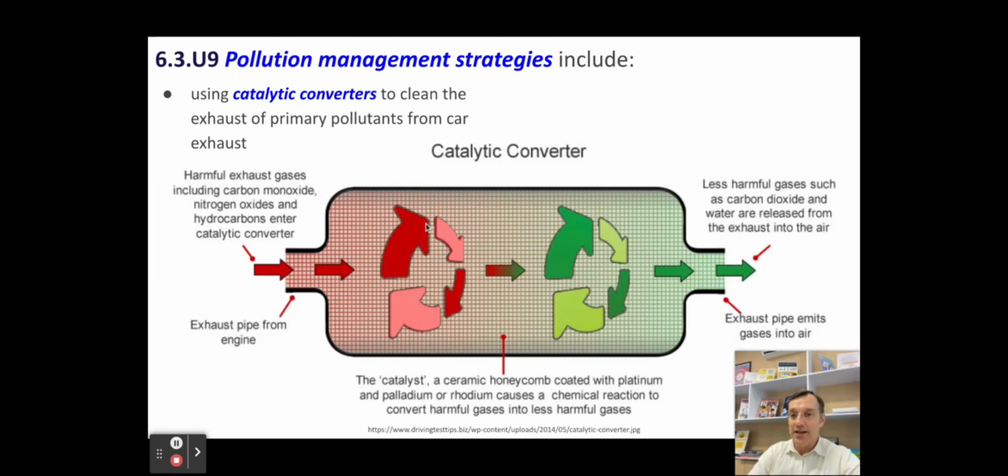Right? Catalytic converters. These are devices that go into the exhaust system of vehicles, and they have this fine mesh of heavy metals in them that actually will trap a lot of the primary pollutants. And so it reduces the amount of the primary pollutants entering the atmosphere. It doesn't eliminate it, so it's not tier 1, but it reduces it, so it's tier 2.